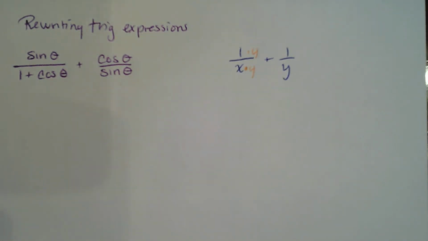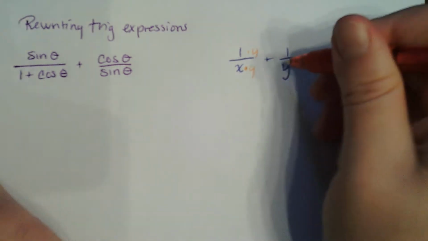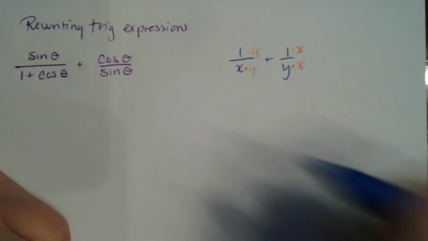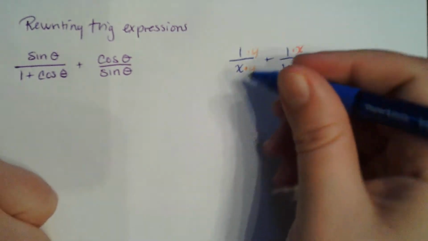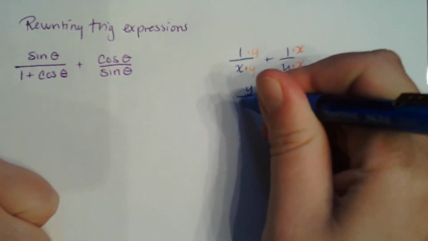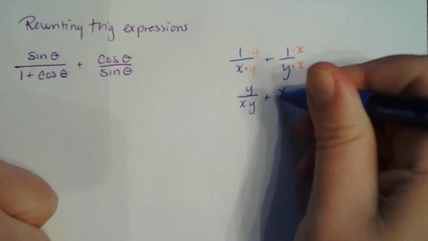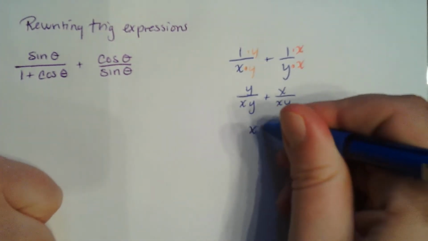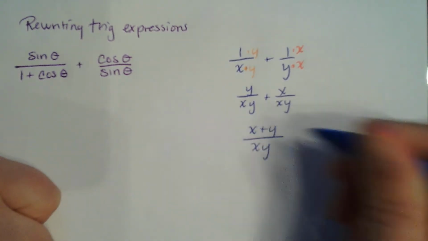And the second fraction has a y but needs an x, so we would give it an x on the top and the bottom. So rewriting this, it would become y over xy plus x over xy, and then combining it into a single fraction, x plus y over xy.